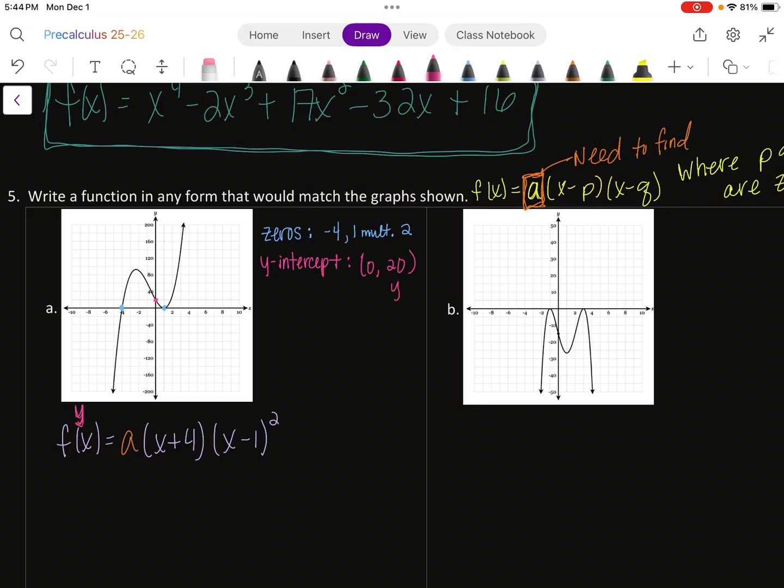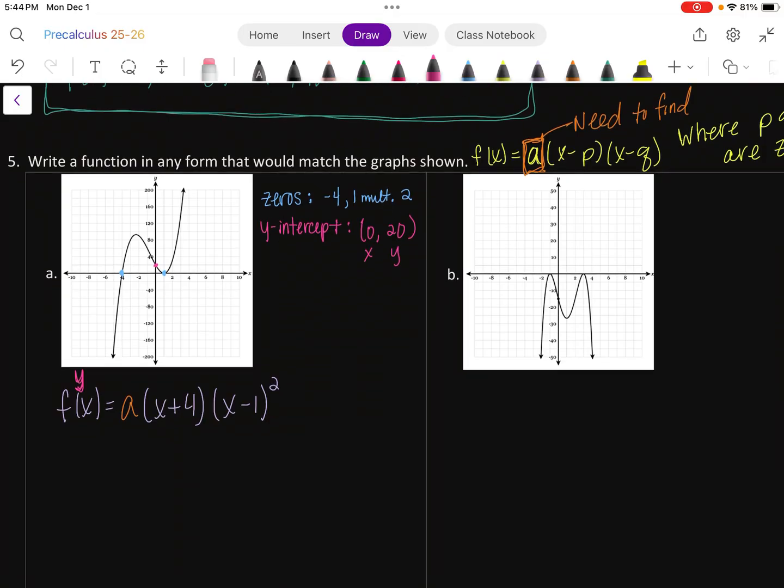So I know a y, I know an x. I'm going to plug in 20 for my f of x and 0. I'm switching up colors here. 0 for my x. So 0 into here, 0 into here. And I'll solve for my a. So 0 plus 4 and 0 minus 1 squared.